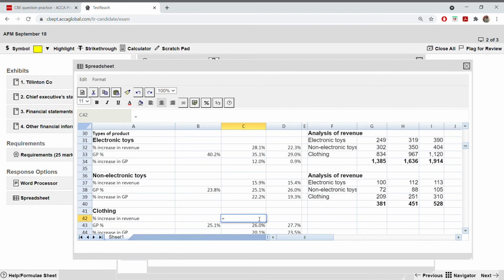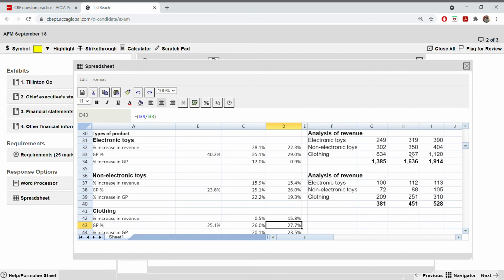So for clothing it is this minus this, divide by this. When you take it for the next, it will not come because here there is no number. So you have to take this minus this, divide by this, 15.8. Now it's correct.